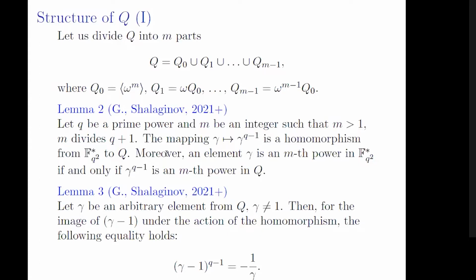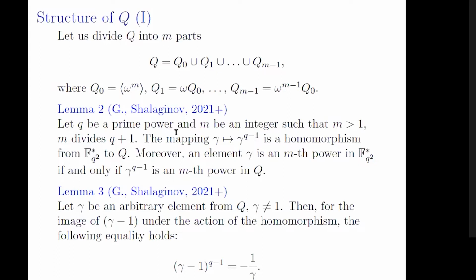The mapping gamma to gamma^(q-1) is a homomorphism from F_{q^2} star to Q. Moreover, an element gamma is an m-th power in F_{q^2} star if and only if its image gamma^(q-1) is an m-th power in the subgroup Q. And the second, lemma 3, gives an important condition which combines the addition and multiplication operations.